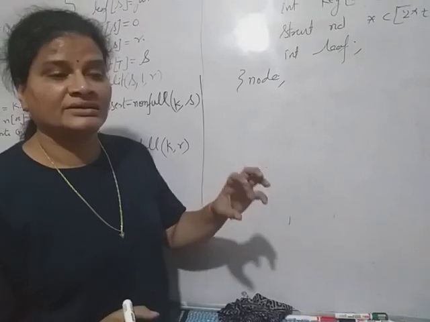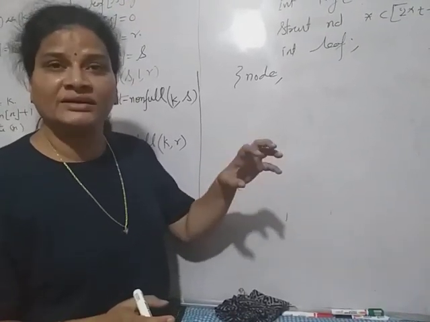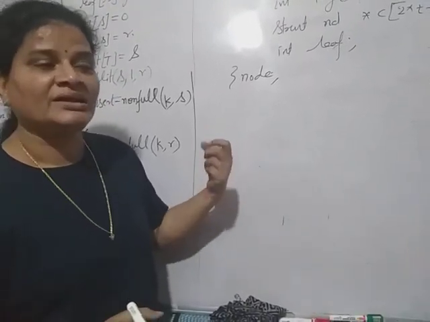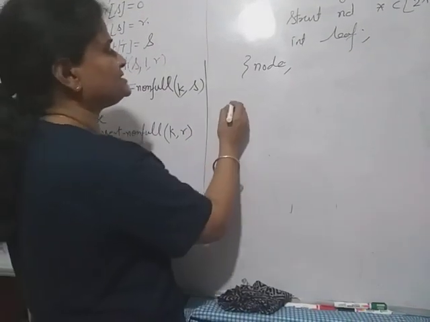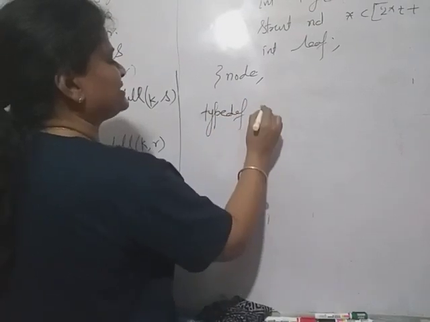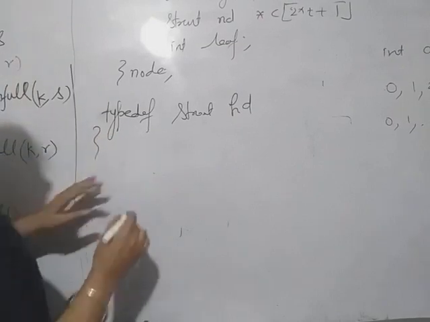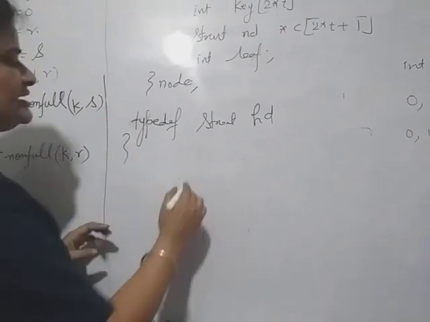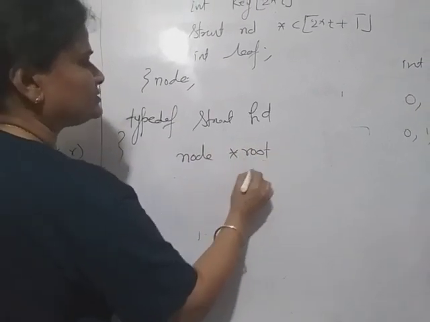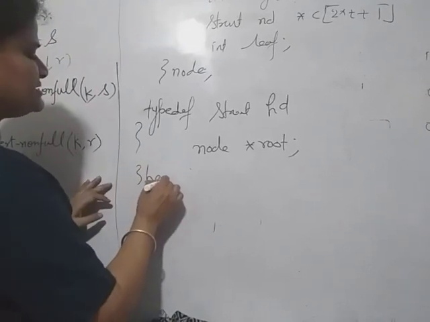So as the root node is always in the primary memory, there is a concept of the header node, and header node is simply typedef struct header node, having only one field, of type pointer to node, the name is root, and here I am giving this head.